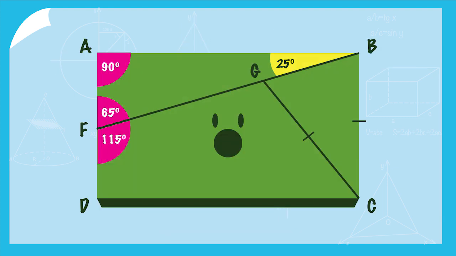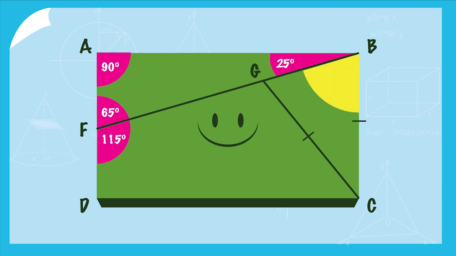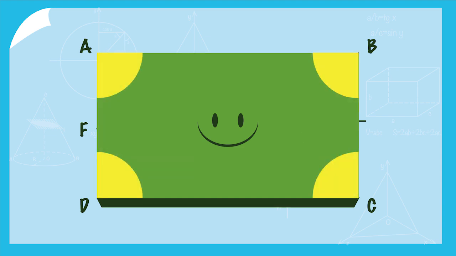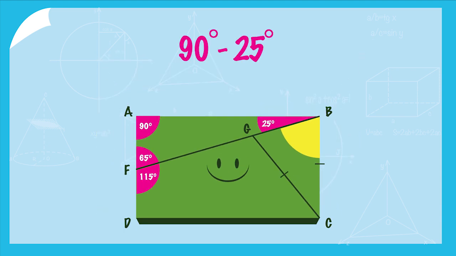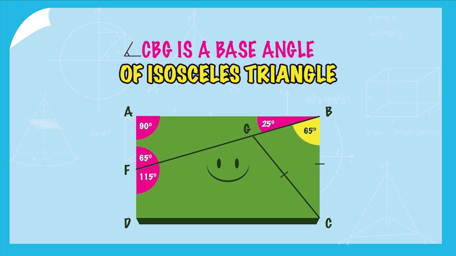Once we have found angle FBA, we can then find angle CBG. Again, we apply the property of a right angle, which is 90 degrees. Hence, angle CBG is 90 degrees minus 25 degrees to give us 65 degrees. Since angle CBG is one of the base angles of the isosceles triangle CBG, the other base angle is also 65 degrees.